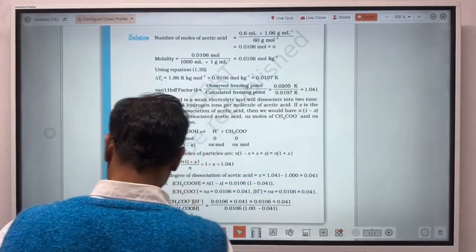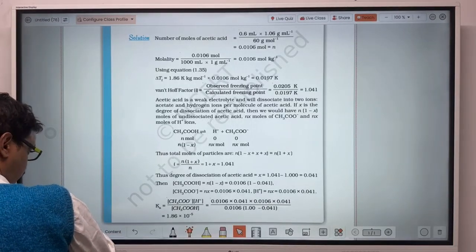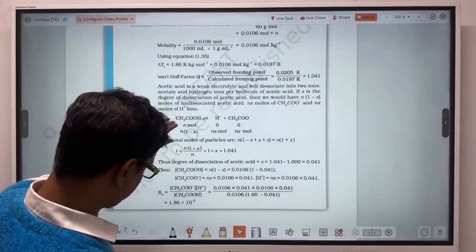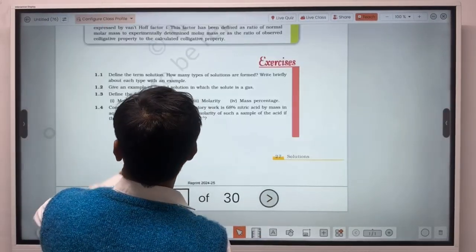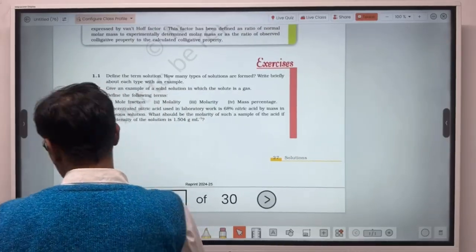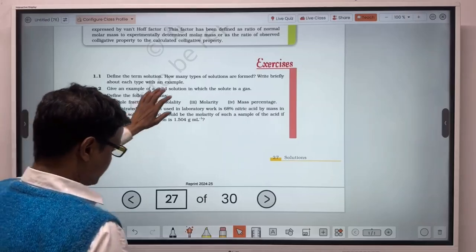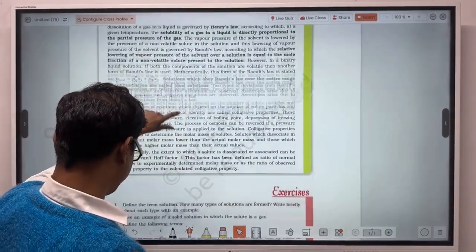Let's see another concept. This one is done. Now let's proceed to some important questions of this topic, and discuss which questions of the exercise are more important. Summary, very easy.